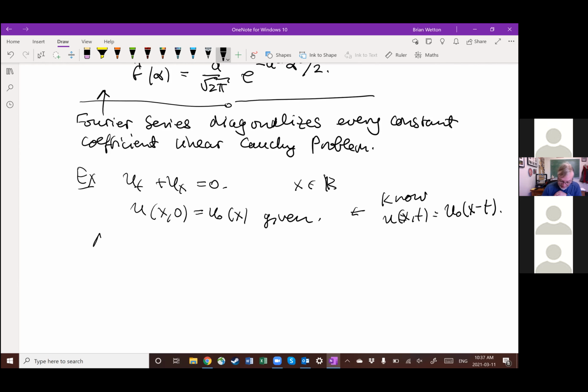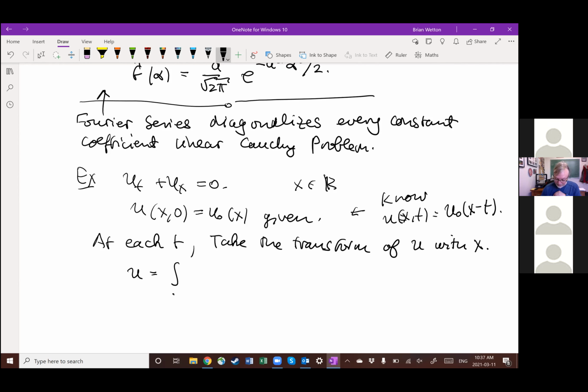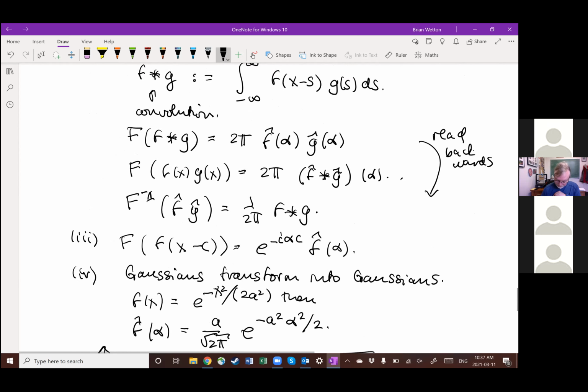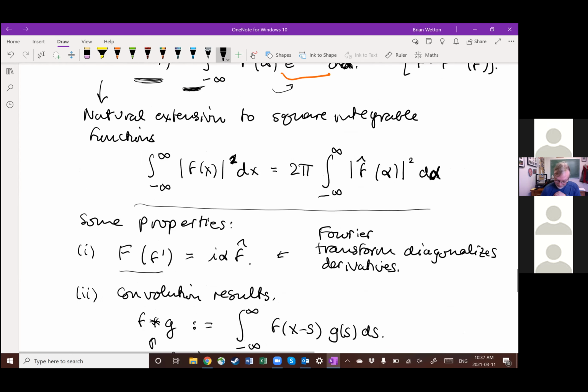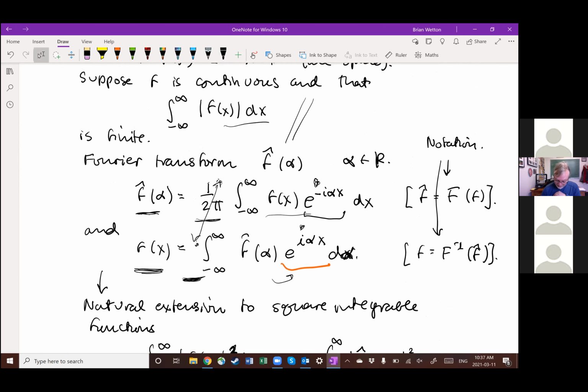So at each time, let's take the transform. I'm going to have u equal to, now I have to be a little bit careful. Where's my factor of 2 pi?